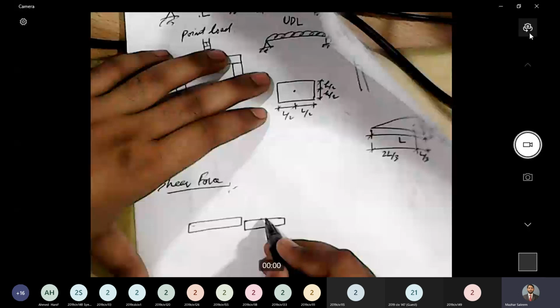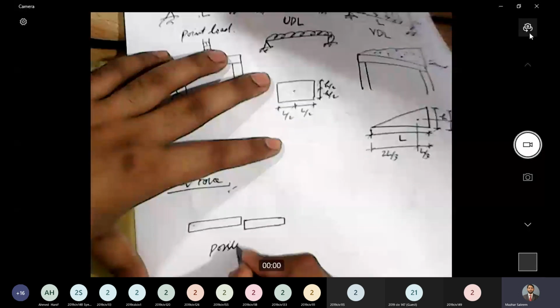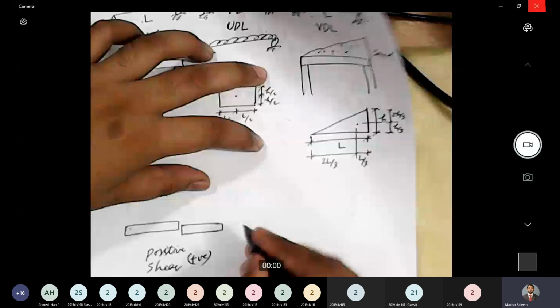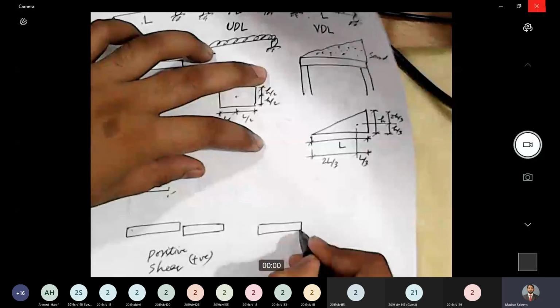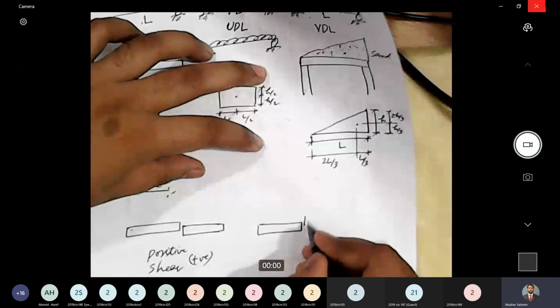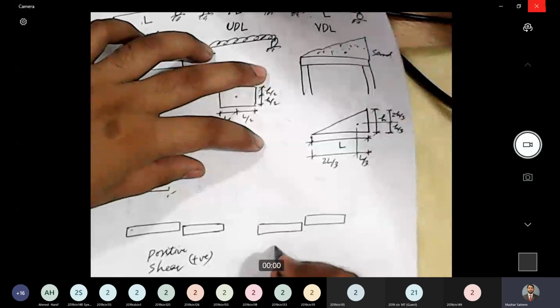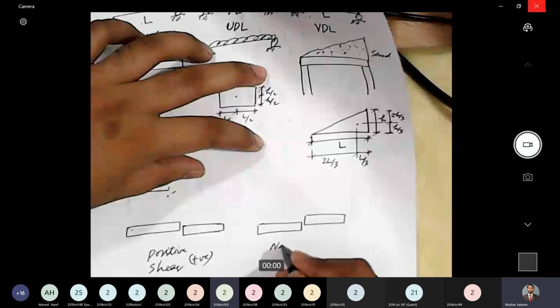According to our convention, this will be treated as positive shear. The other possibility is that the left part goes downwards and the right part goes upward. This, according to our convention, is negative shear.